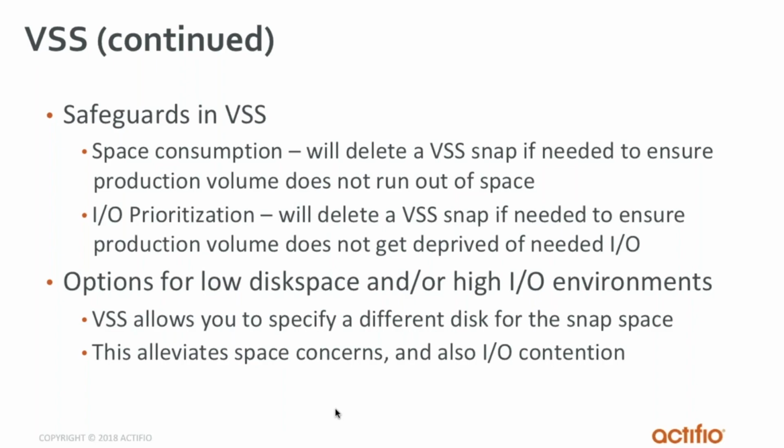And by doing that, number one, space management obviously becomes separated. So you can have a disk with lots of free space on it, use that for your snaps, and never worry about the space on your source volumes. And number two, that IO intensive or impactful operation of allocating more snap space goes away from the production disk. It's on a different disk. Now you don't have disk contention for it. And so simply going into Windows Explorer and picking a different disk alleviates that problem when it comes up.